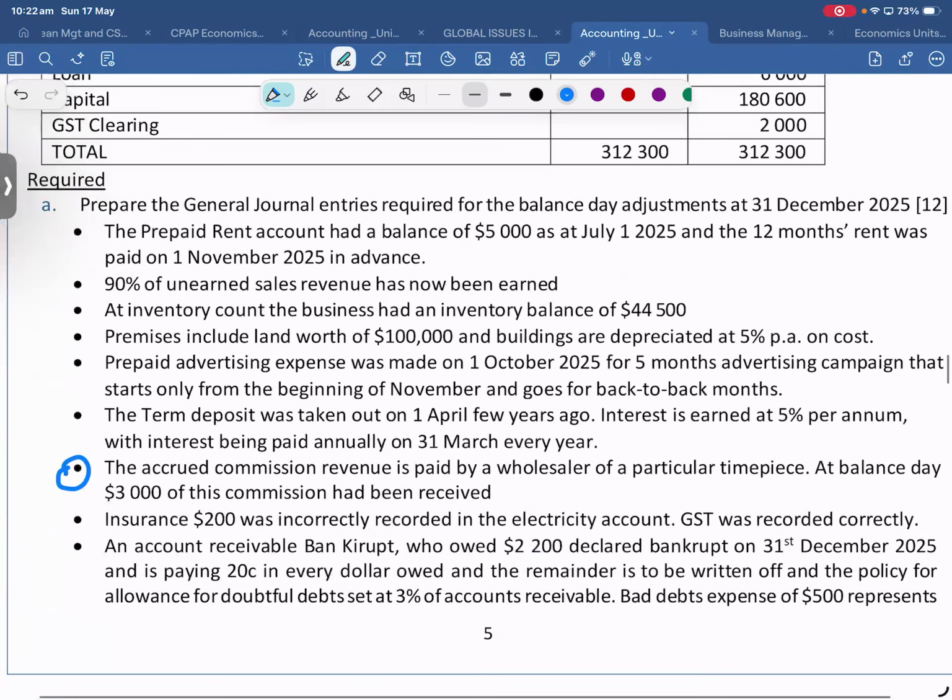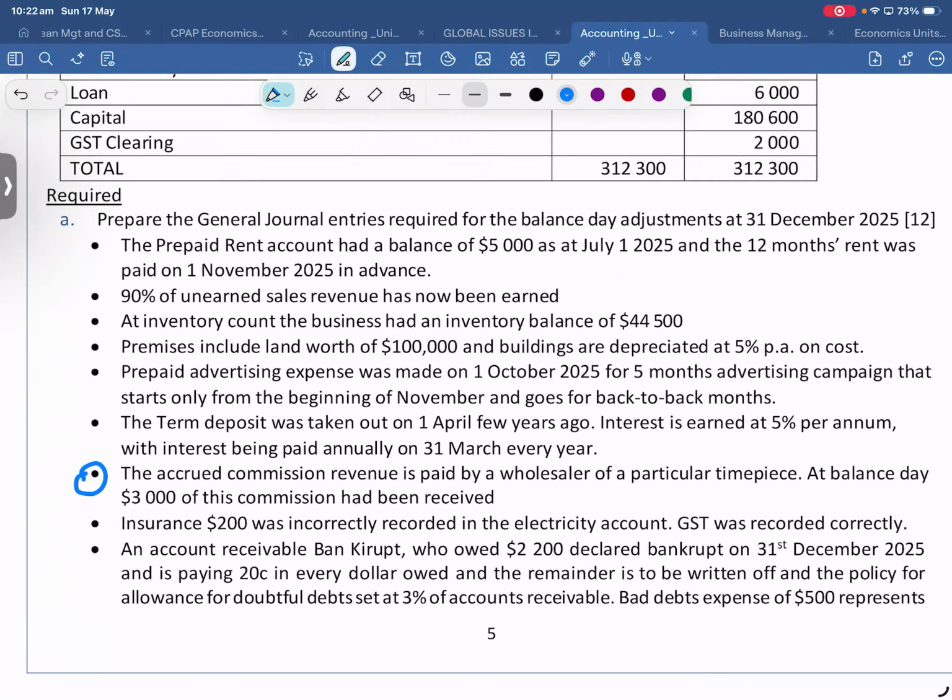Sorry? Debit, credit. Credited. Why? You received money from them. So why do you credit it? You are crediting accrued commission revenue, yes? Why do you credit it? Almost like an accounts payable kind of. Accounts payable, yes, kind of like.